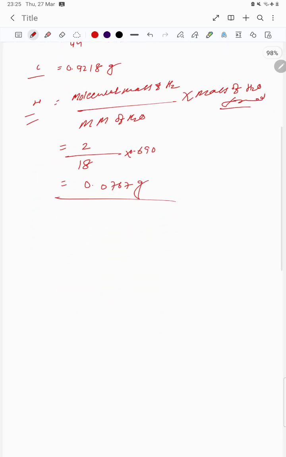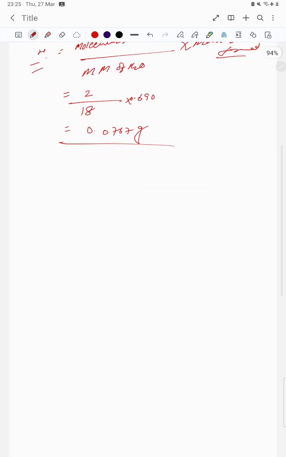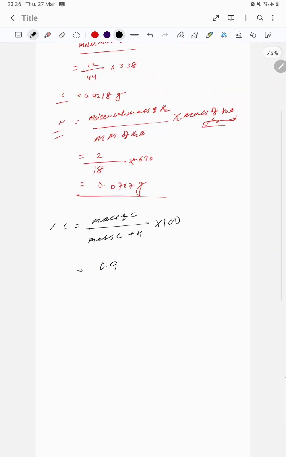Now, if you see the percentage of carbon, if you are calculating, that is mass of carbon divided by mass of carbon plus hydrogen, multiplied by 100. So the mass of carbon you have calculated: 0.9218 divided by 0.9218 plus 0.0767, multiplied by 100.